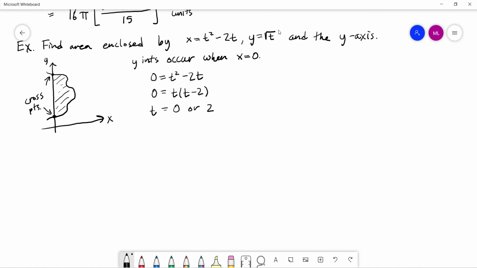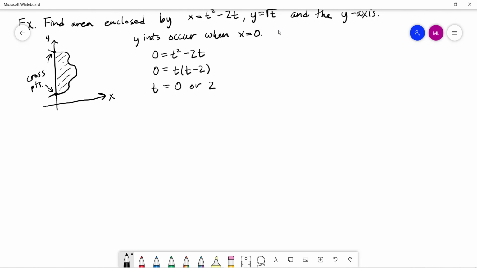And let's think about how this is going to work. If I want the area, what I want is basically a bunch of little rectangles like this. That's one way to think about it. We've got some little vertical measure, dy, which can be a function of t, possibly. And the width is going to be our x of t, the distance from 0 to whatever that x coordinate happens to be.